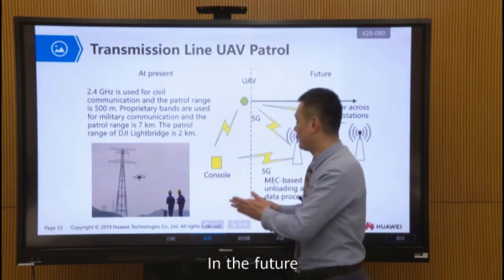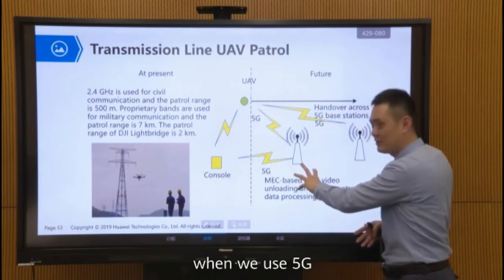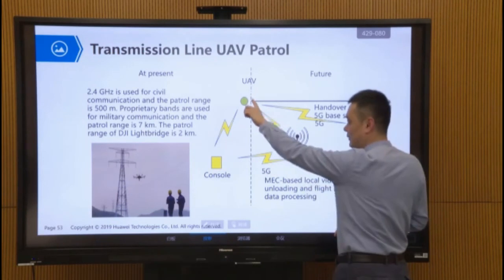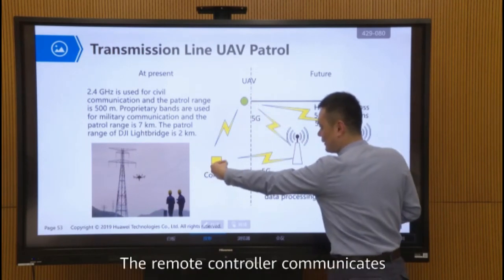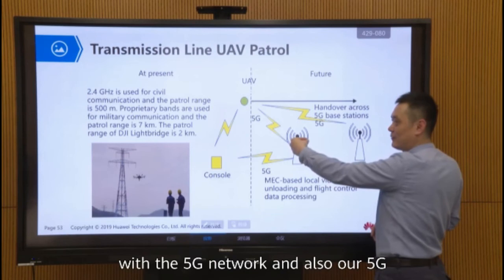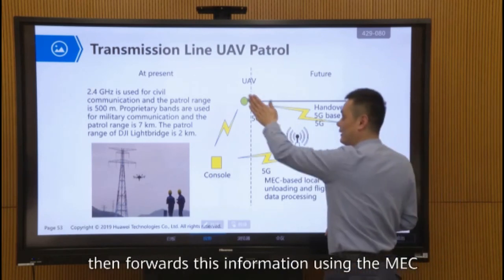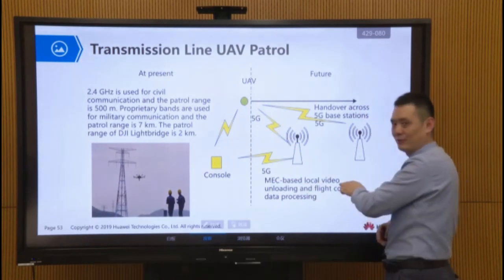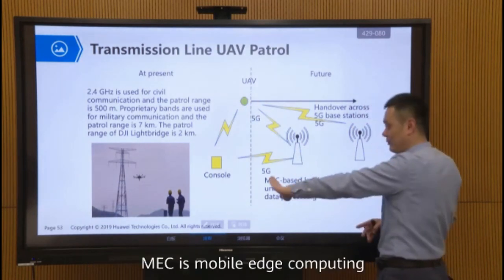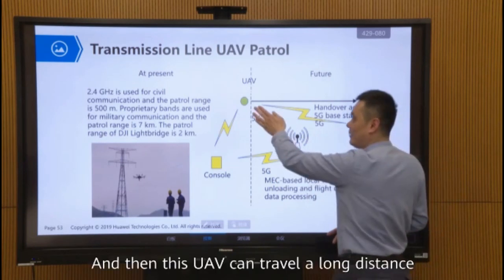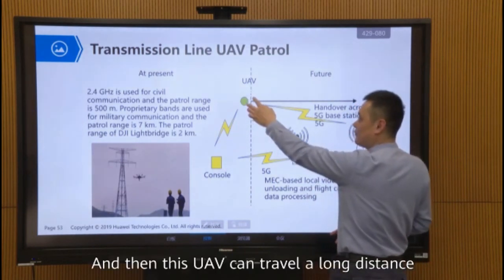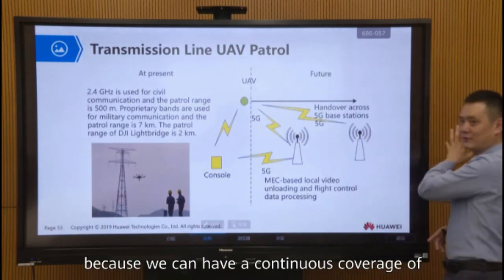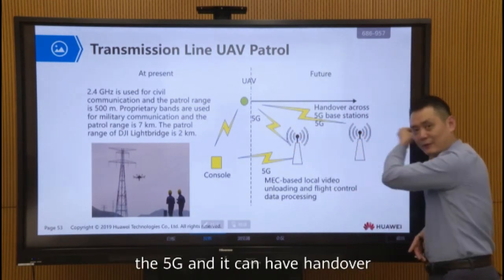In the future, when we use 5G, we can control the UAV through our 5G network. The remote controller communicates with the 5G network, and the 5G network then forwards this information using MEC, mobile edge computing, to lower the latency. Then this UAV can travel a long distance because we can have continuous 5G coverage, and it can have handover.